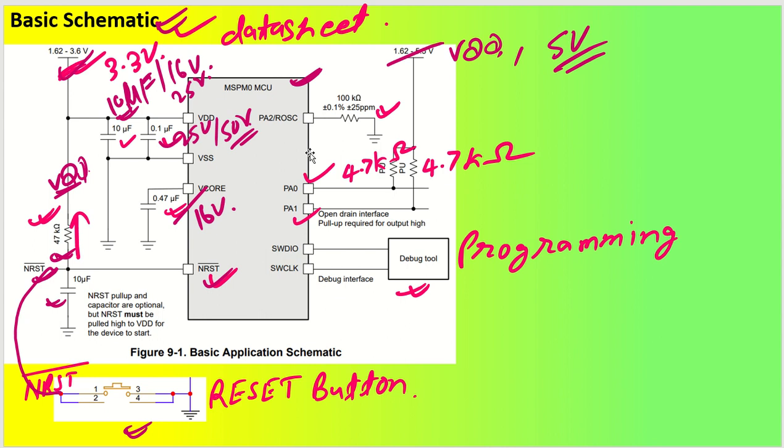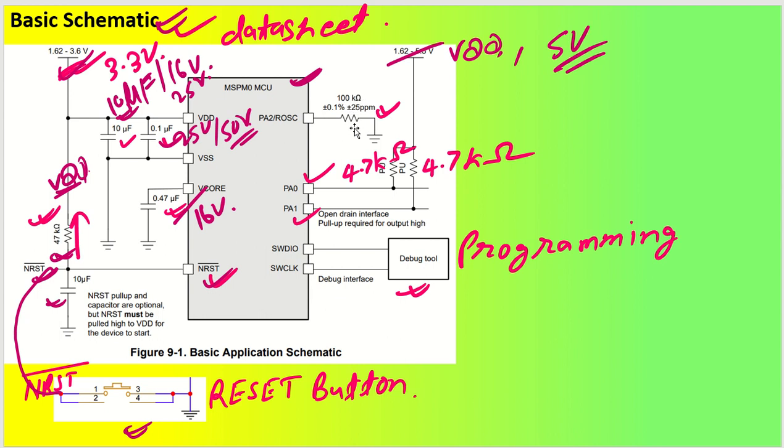Now the best thing is there is a resistor that will be utilized for the internal oscillator calibration. This ROSC pin is going to be utilized for the internal oscillator, and for that you have to utilize a very accurate resistor of 100 kilo ohm, with plus minus 0.1% tolerance and 25 ppm.